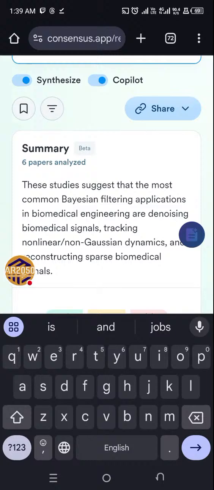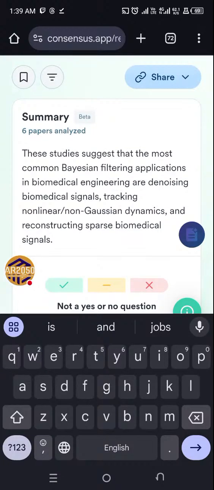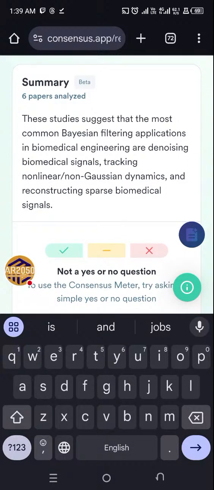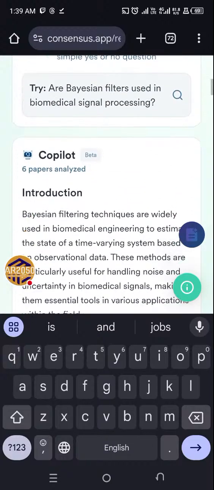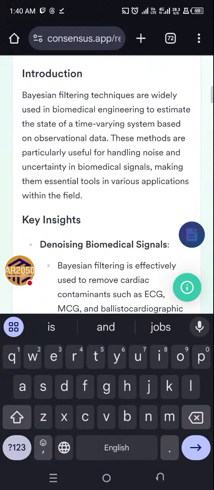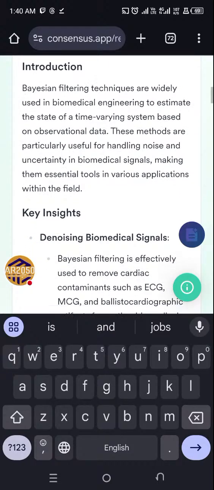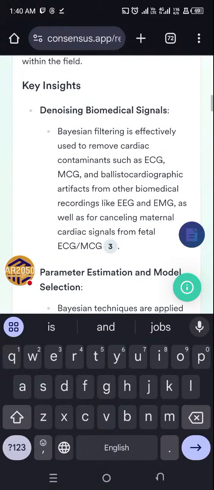Studies suggest that the most common Bayesian filtering applications in biomedical engineering are denoising biomedical signals, tracking nonlinear, non-Gaussian dynamics, and reconstructing sparse biomedical signals. Bayesian filtering techniques are widely used in biomedical engineering to estimate the state of a time varying system based on observational data. These methods are particularly useful for handling noise and uncertainty in biomedical signals, making them an essential tool in various applications. Key insights: denoising biomedical signals.